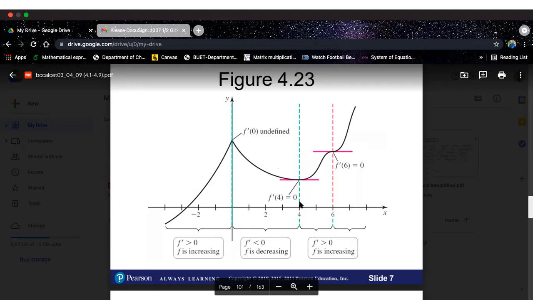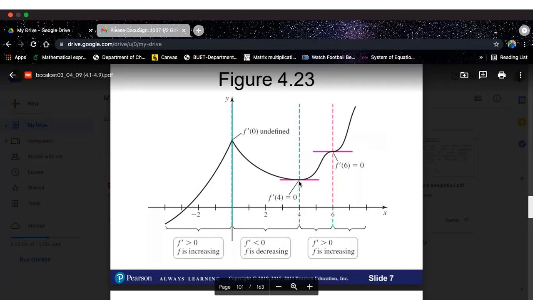Okay, now we can see if we draw a tangent line at x equals 4, it goes parallel to the x-axis. Or in other words, we can see that it has a local minimum at x equals 4. Do you agree?